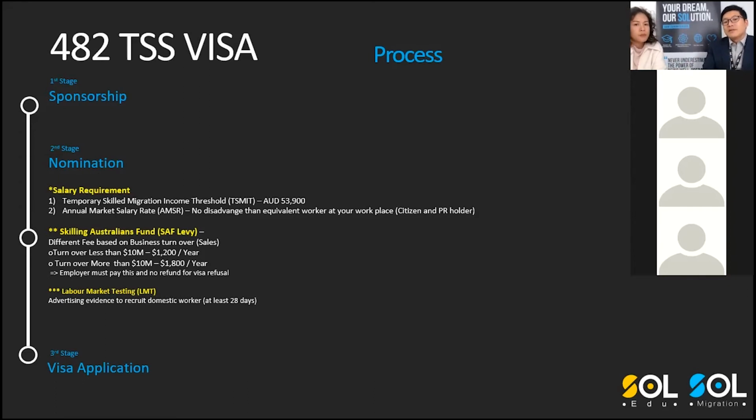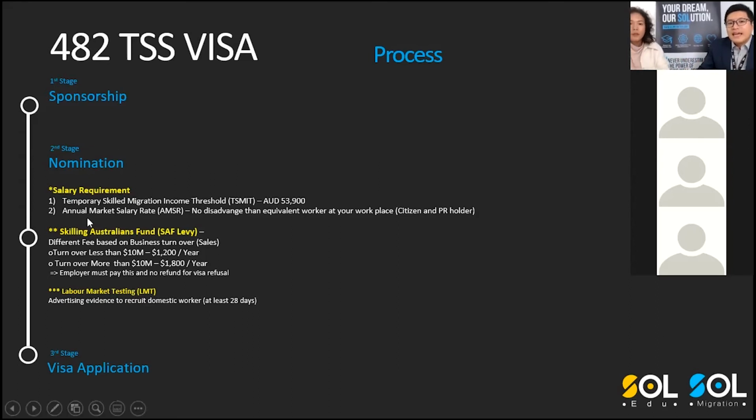But this is very important because a lot of employers don't want to pay a lot. Yes. But because of this, the employer has to pay a certain fee, in addition to the nomination application fee and sponsorship application fee.